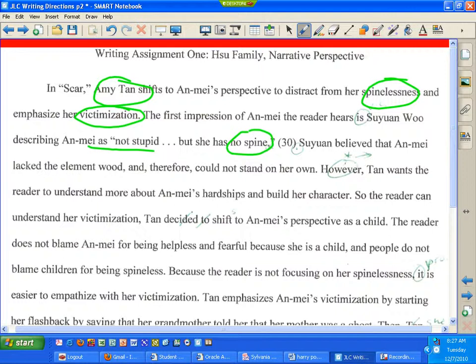It's not a paragraph about Ann May. It's a paragraph about Tan, first and foremost. And that's why I ask you to write your literary claims the way that I do, because you are focusing on a writer and the writer's craft. Literary analysis is about saying, this writer has done this thing to create meaning, and I understand how she works. And that's what the paragraph's about.